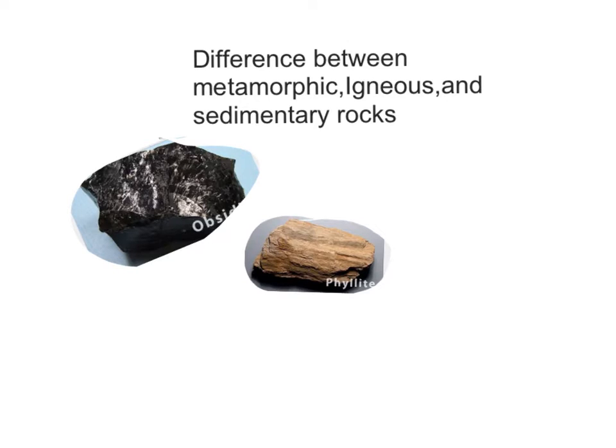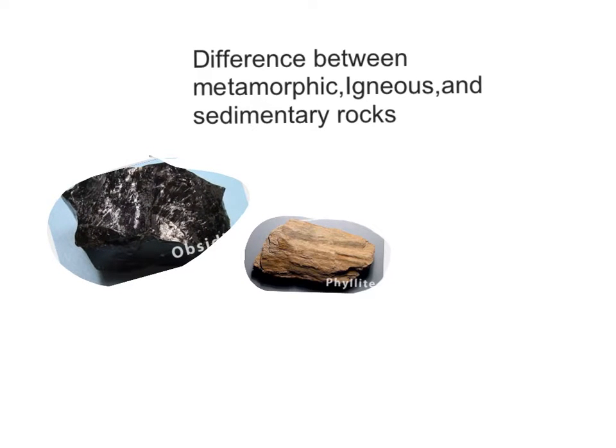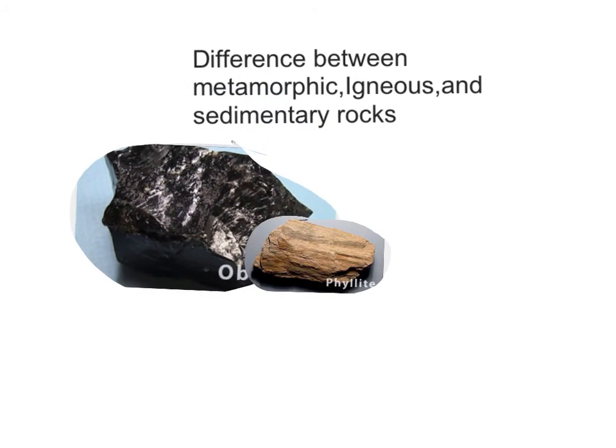So the difference is igneous, like our obsidian here. Igneous is basically volcano. It's basically coming out of a volcano.